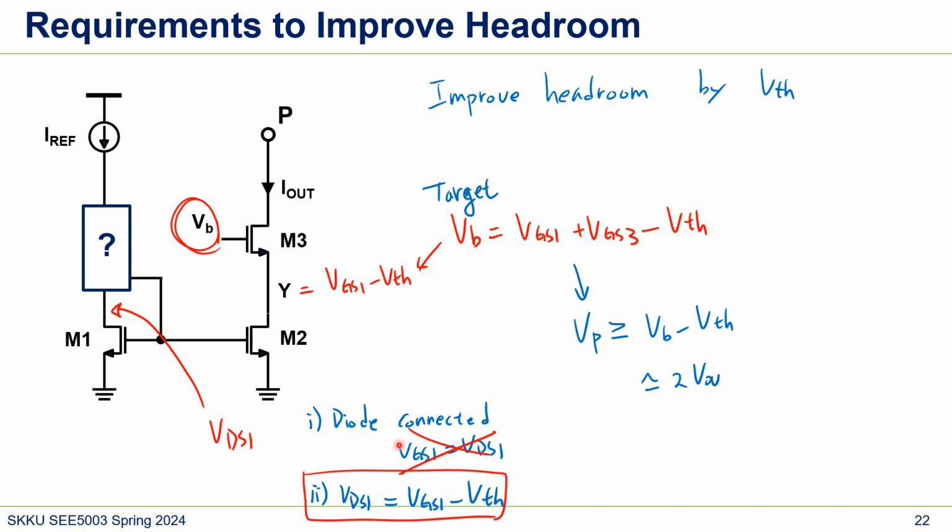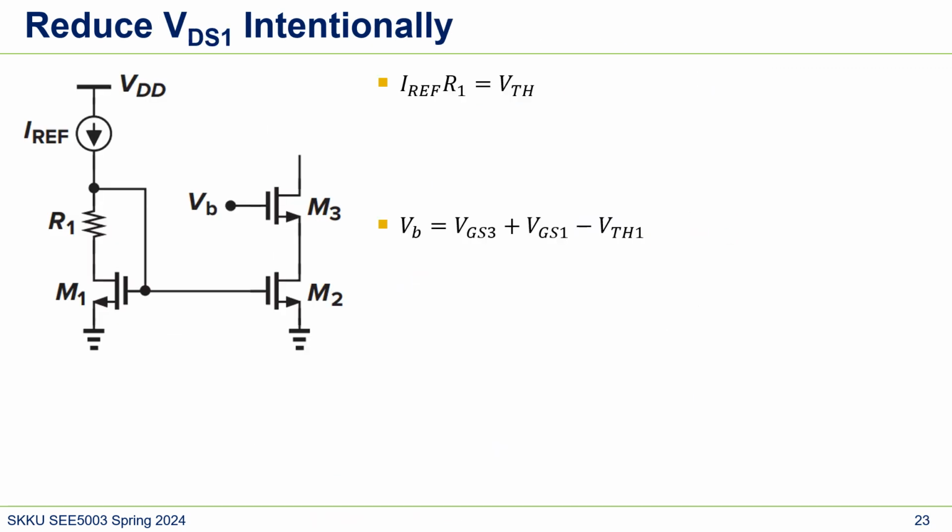We will try to find a circuit that can make VDS1 this value, and then also set this VB to this value. So our goal is to intentionally reduce VDS1 at this point by VTH. This would be maybe our preliminary thinking: what if we use this circuit? First, we want to reduce the VDS here, right?